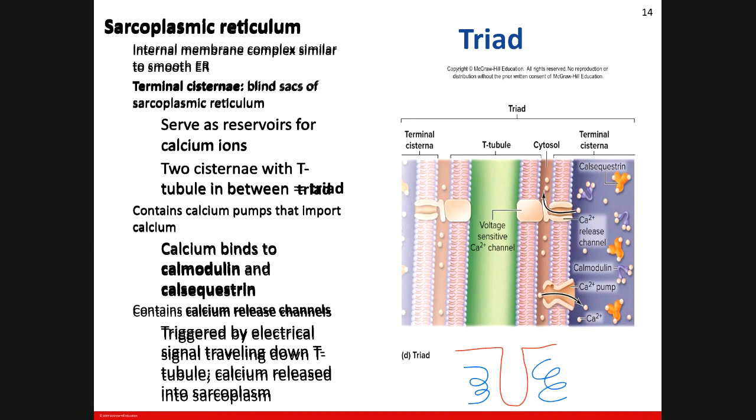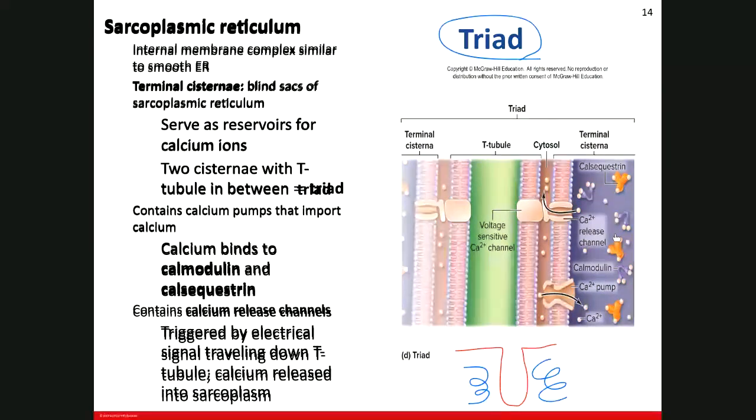So, the triad is the three structures which we have in our skeletal muscle. We have the T-tubule in the center, and it's located between two sarcoplasmic reticulum. This sarcoplasmic reticulum, as you see in this picture, can reserve calcium ion for us. The calcium ion which we have in the sarcoplasmic reticulum is bound to two proteins.